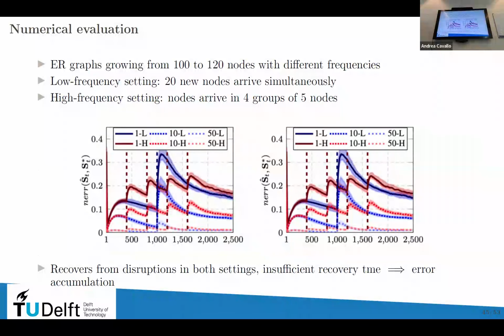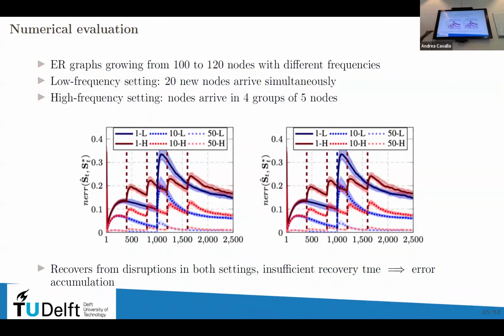And yeah, so in terms of results, we have Erdos-Renyi graphs, and as you see, we have two types of frequency settings. The blue plot corresponds to a one-time case where we added 20 nodes, whereas in the red plots we add a small number of nodes, but more often.